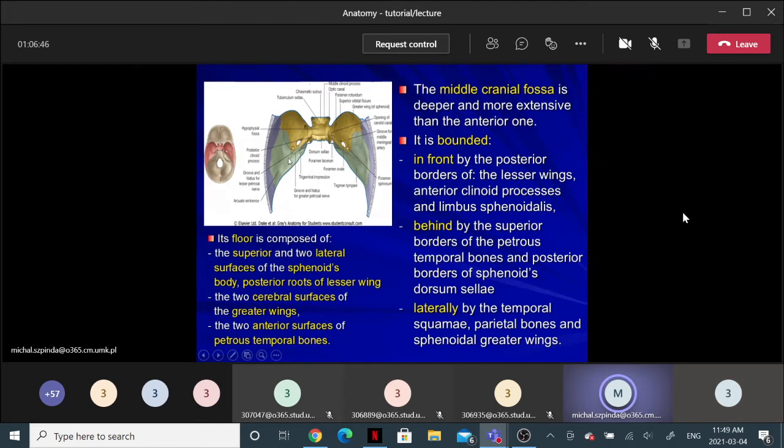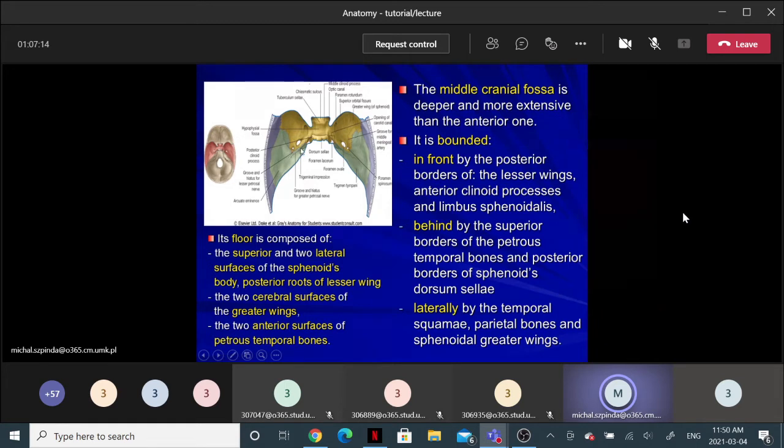It's just a hole in the roof of the tympanic cavity, middle ear. So if you enter the foramen for lesser petrosal nerve, you will reach the tympanic cavity, middle ear.